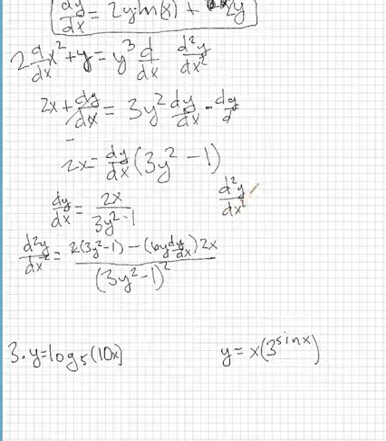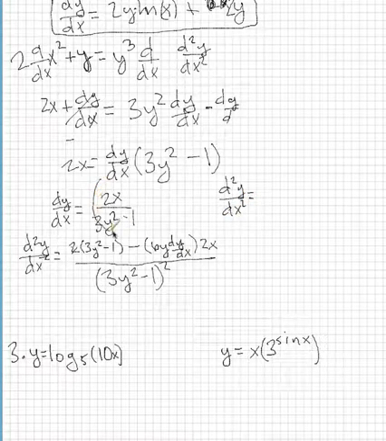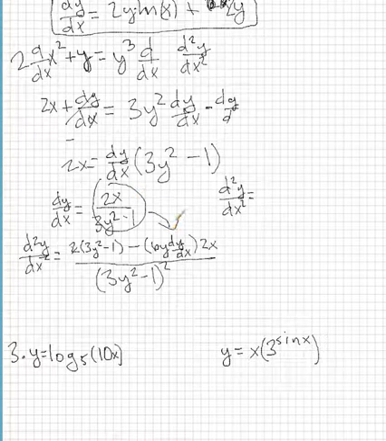So in our second derivative, we're going to plug in where our dy/dx is, because dy/dx equals this, and that's what we have right here, so we're going to plug that in.